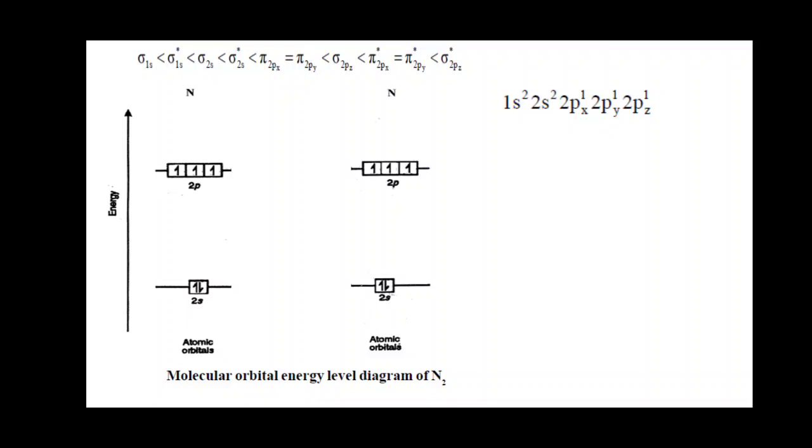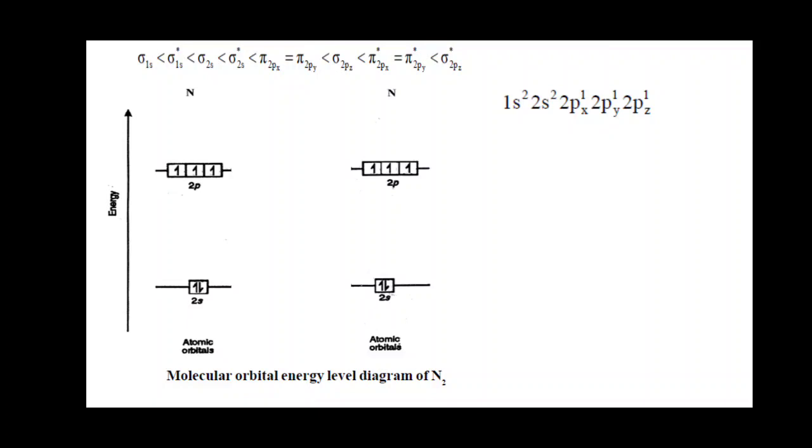The molecular orbitals are formed by the combination of atomic orbitals of equal energy, right? The number of molecular orbitals formed is equal to the number of atomic orbitals undergoing combination.